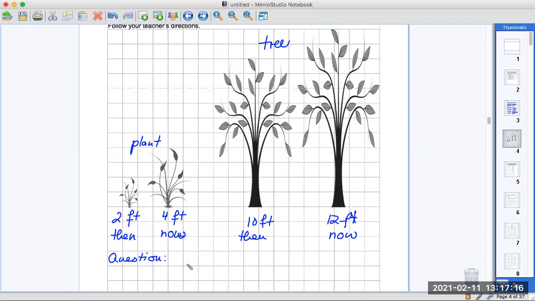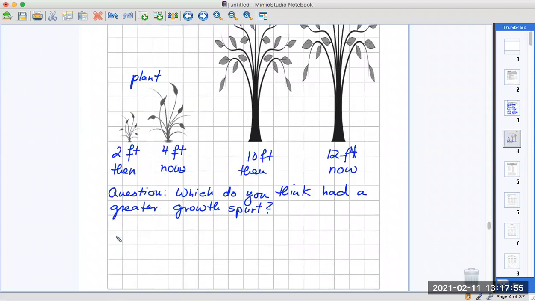Which do you think had a greater growth spurt, the plant or the tree?